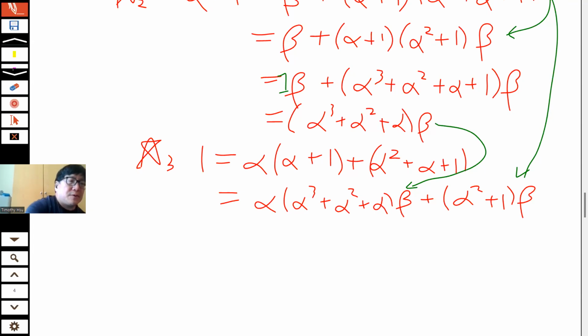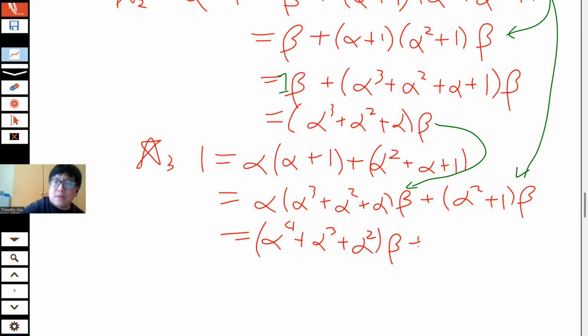So just to be really careful, multiply, get all the stuff, cross all my i's and dot all my t's. Alpha cubed plus alpha to the 4th plus alpha cubed plus alpha squared beta plus alpha squared plus 1 times beta.